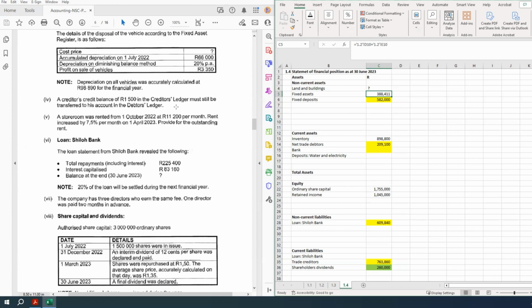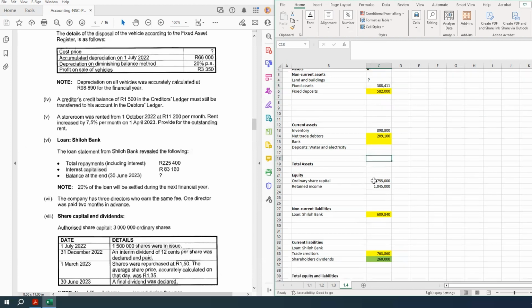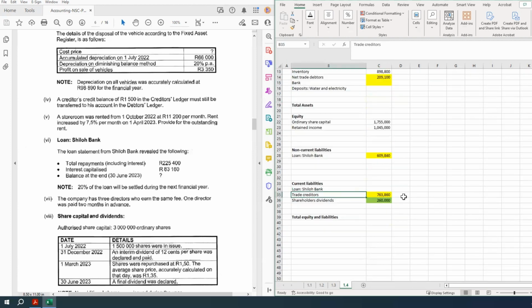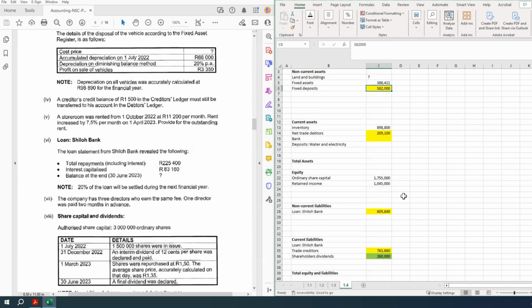So effectively, you need to transfer out of your creditor's ledger this amount and reduce the amount of your debtor, so the debtor's ledger, with the same amount. So this transfer essentially would then go out of your trade creditors and then reduce your trade debtors with the same amount, so your net trade debtors. Okay, so let's just do that transfer quickly because we have the information.